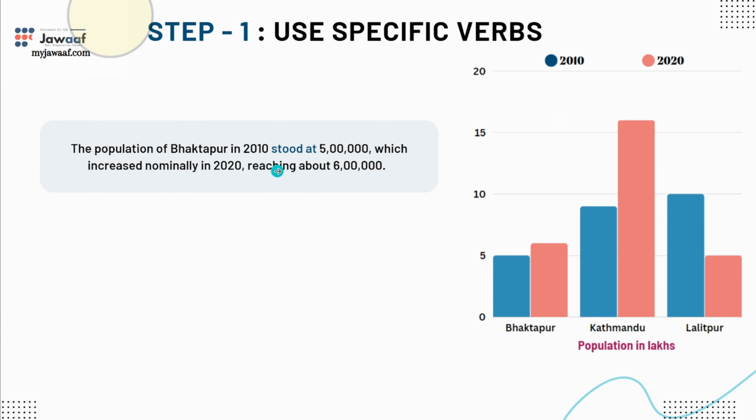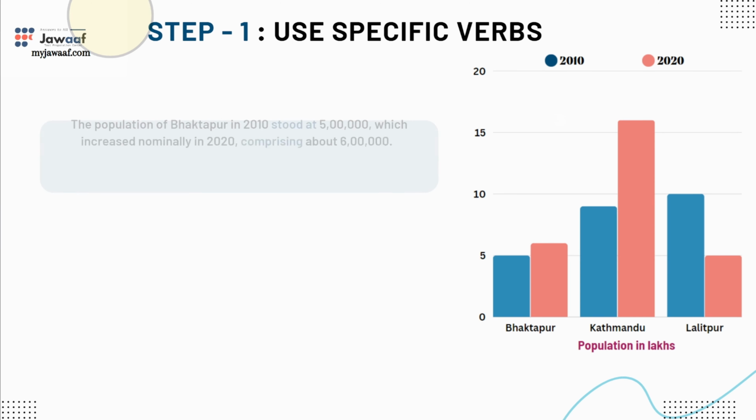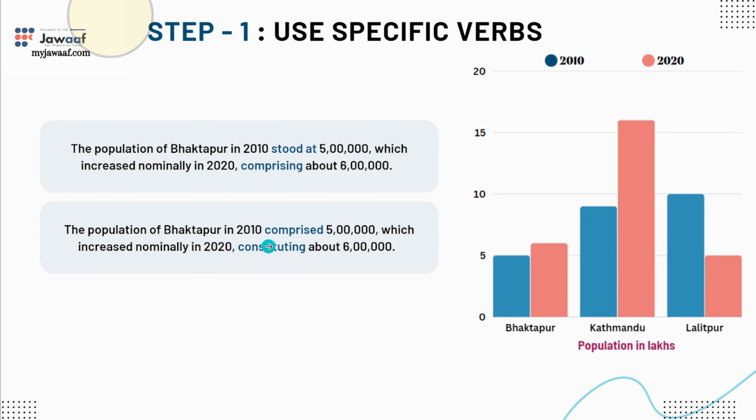We have already learned words like comprised, constituted. So why do we need to use the word reaching again? We don't need to. So how can we write the same thing in a different way? The population of Bhaktapur in 2010 comprised 5 lakhs, which increased nominally in 2020, constituting about 6 lakhs. Or you can say comprising about 6 lakhs. But you have already used the word comprised here. That's why we are not going to repeat the same word again. We're going to try another word.